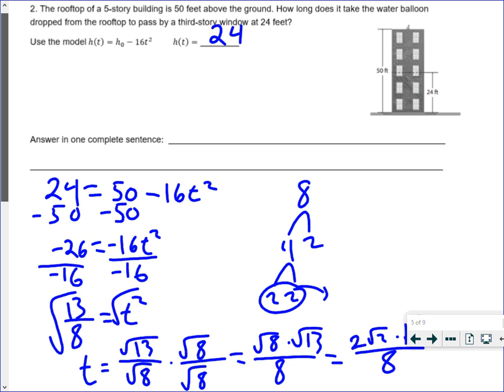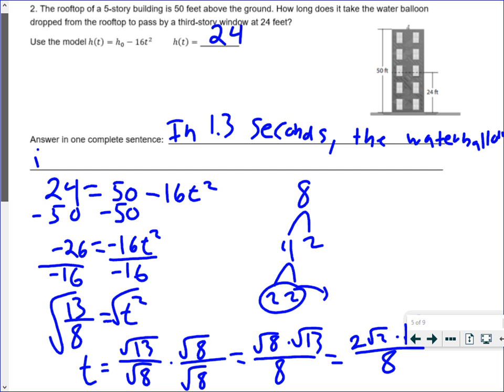So what we can't say is that in 1.3 seconds, the water balloon is to pass the 3rd story building, or the 3rd story window.